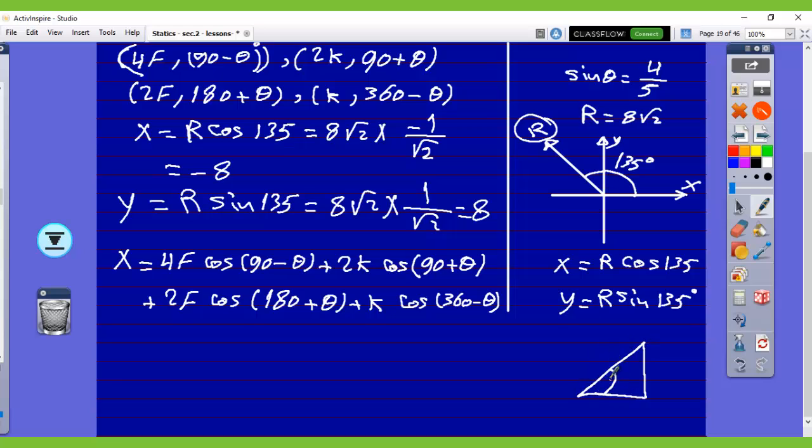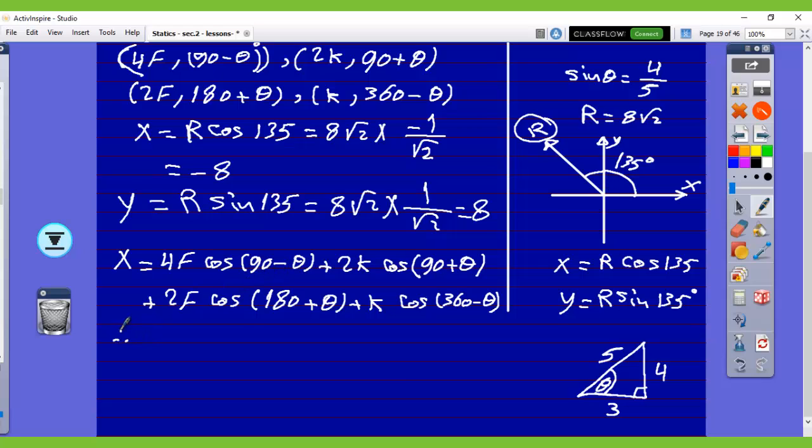The angle of measure theta, 4, 5: sine theta equals 4 over 5, and using Pythagoras, the third side equals 3. And cosine of 90 minus theta equals sine theta.